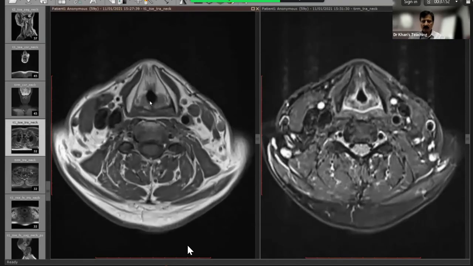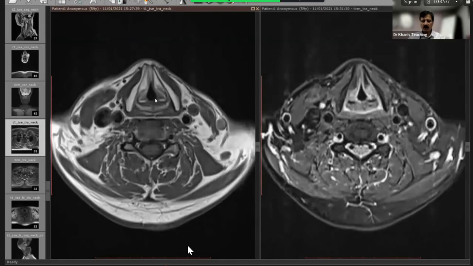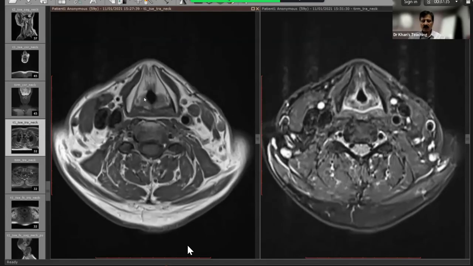Now, as I'm going inferiorly, you can see this paraglottic fat has lost signal. Look at the airway. It is not boat shape. It is just superior. You know, this is the level of the false cord.